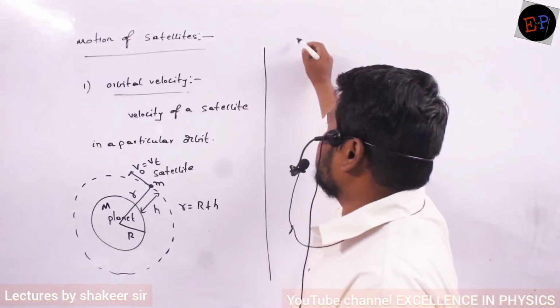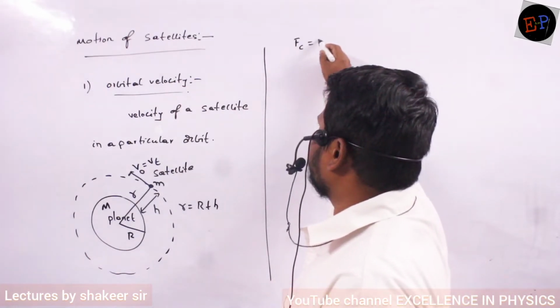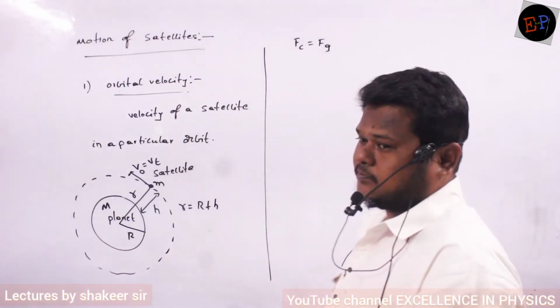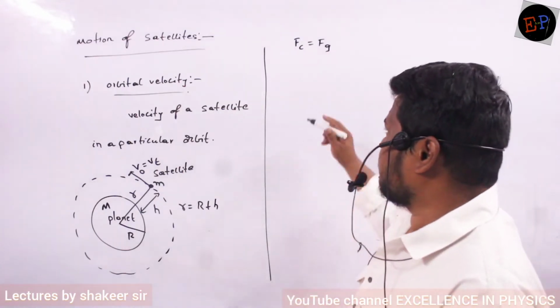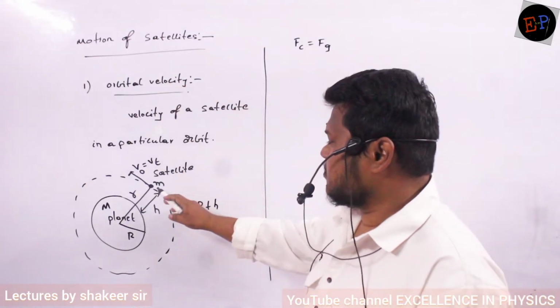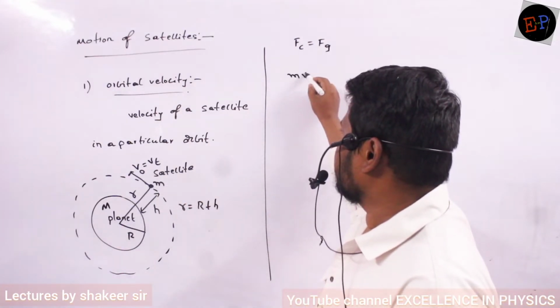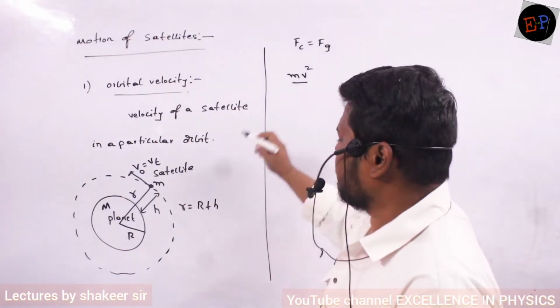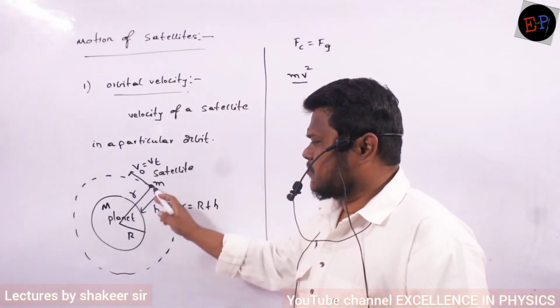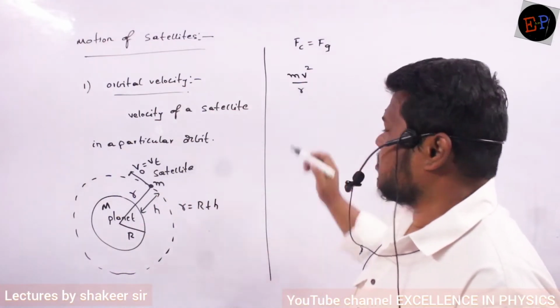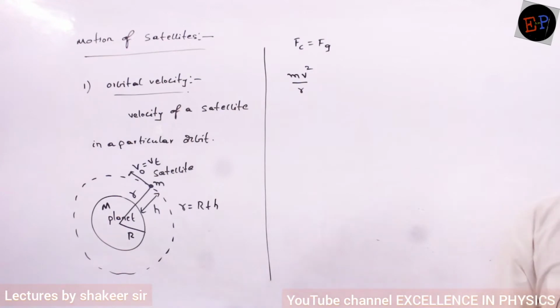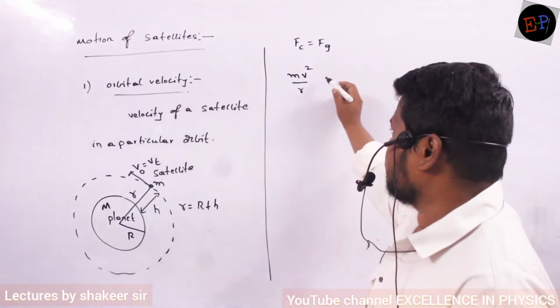So can I say that centripetal force is provided by gravitational force? What is the formula for centripetal force? Centripetal force should act on this small m. So mass is m, velocity is v, and from the center, what is the distance of this mass? It is r. So mv squared by r equals the gravitational force.